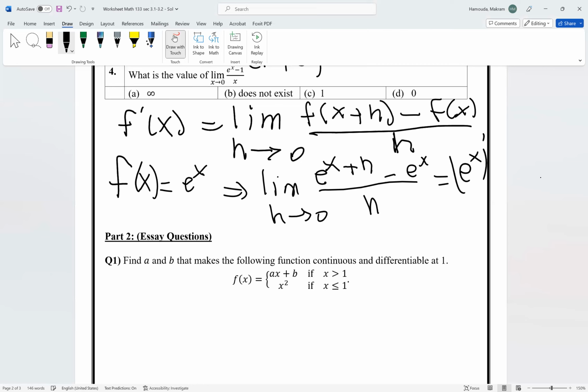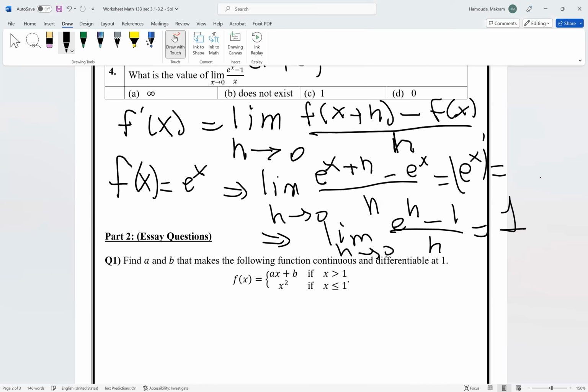Now what I want to apply here is, okay, I want to apply at the point x equal to 0. So I will have the derivative of e^x, which is equal to e^x itself, but the application of this computation at the point x equal to 0 will give me limit of exponential h minus 1, since x equal to 0, over h, when h approaches 0, is equal to 1.